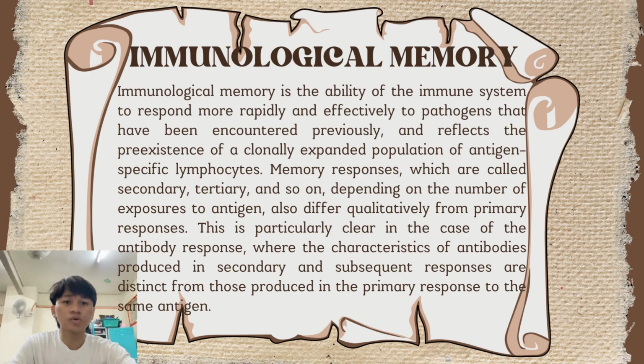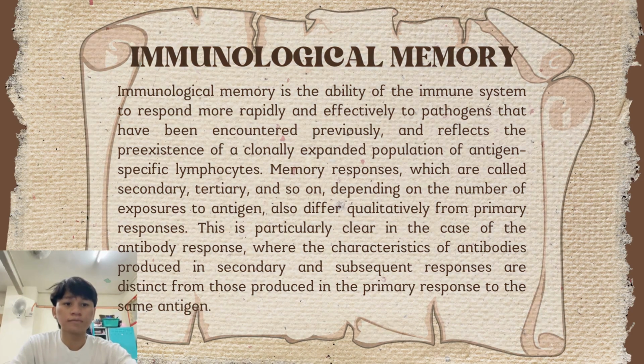This is particularly clear in the case of the antibody response, where the characteristics of antibodies produced in secondary and subsequent responses are distinct from those produced in the primary response to the same antigen.